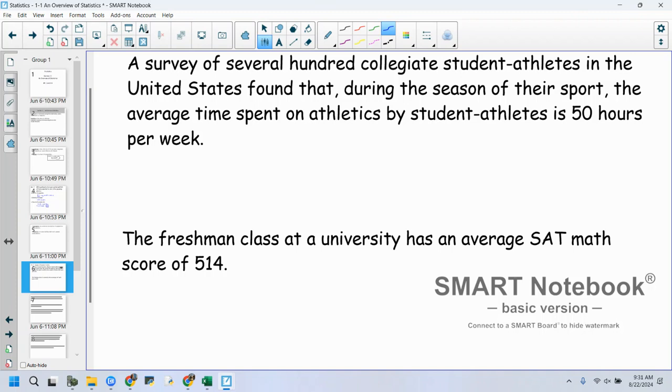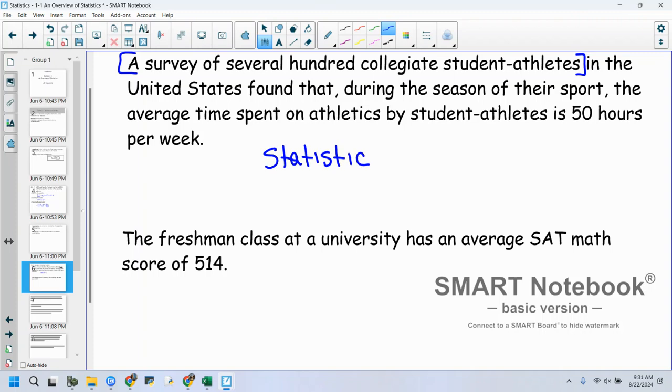It is a sample, right? A survey of several hundred collegiate student athletes. That is a survey of, I polled some students. It's a sample of a population, so it's a sample. So therefore, I would call this a statistic, not a parameter.